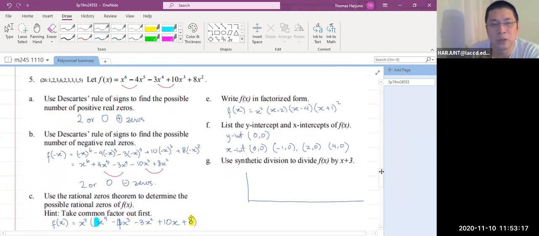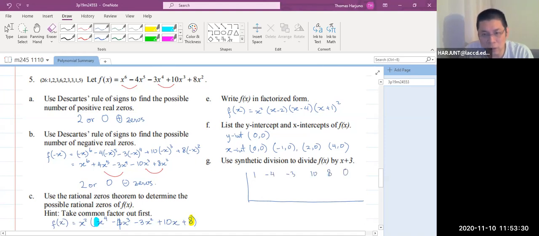Use synthetic division to divide the function by x plus 3. Now synthetic division will be 1, -4, -3, +10, +8, 0 for the x term, plus constant 0. Don't forget those two.